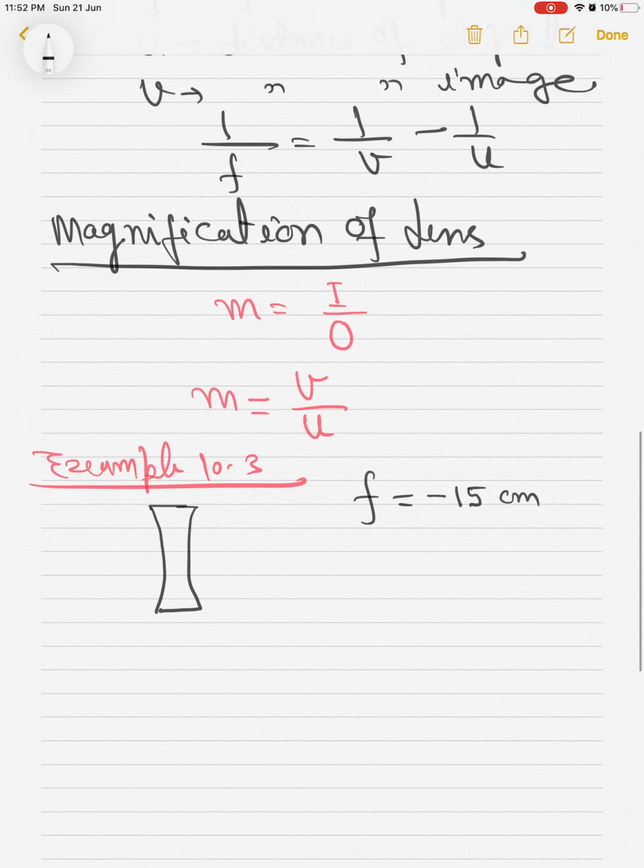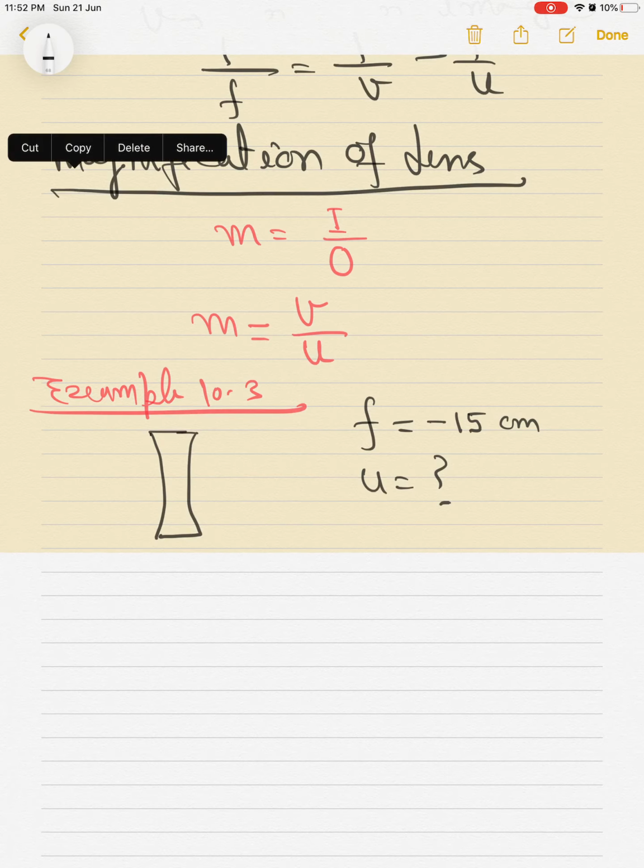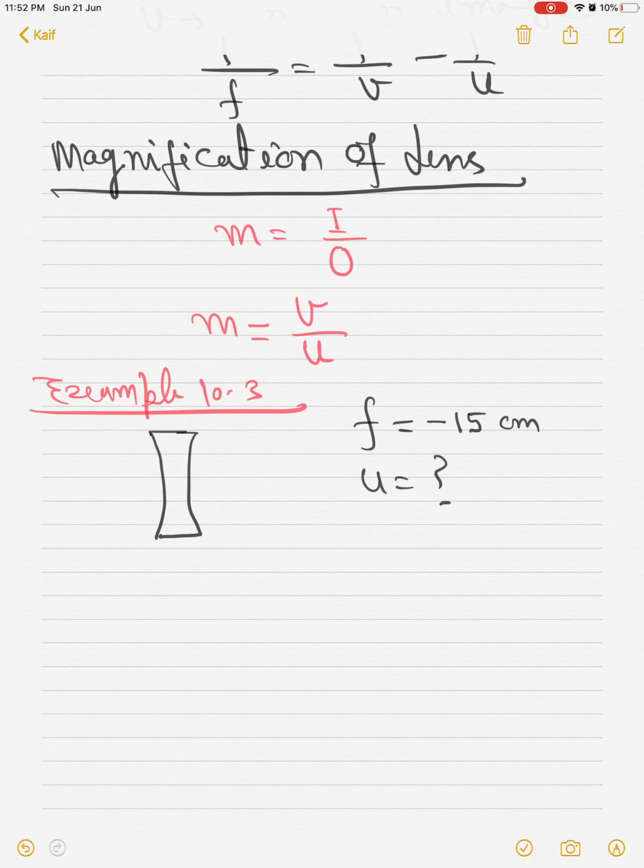At what distance should the object be placed from the lens so that it forms an image at 10 centimeter from the lens? So, we have to find u, the distance of the object, and v is given. Because the image is on the opposite side to the incident ray in the case of a concave lens, v will be minus 10 centimeter.